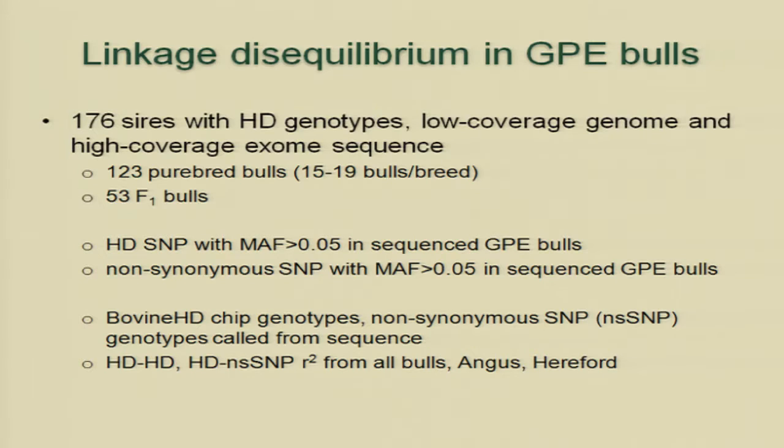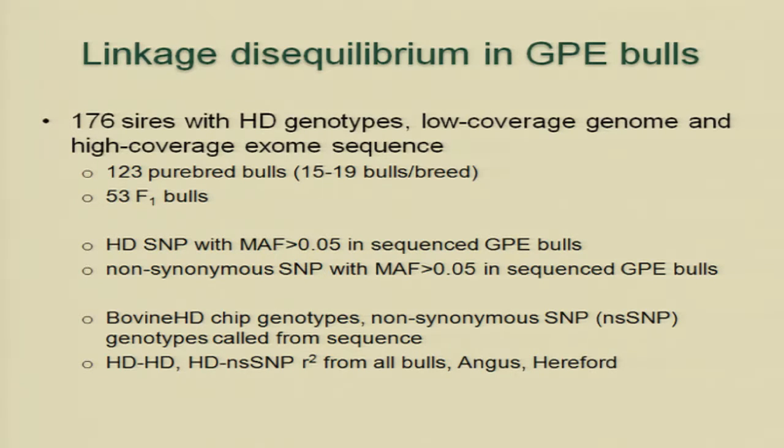This includes 123 bulls that were sires of cycle 7 breeds in the GPE project, and 53 of their sons that were F1 bulls that sired a number of calves in GPE.